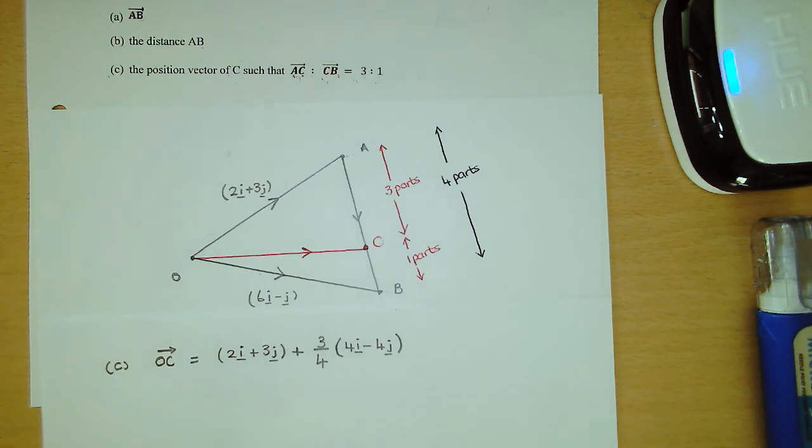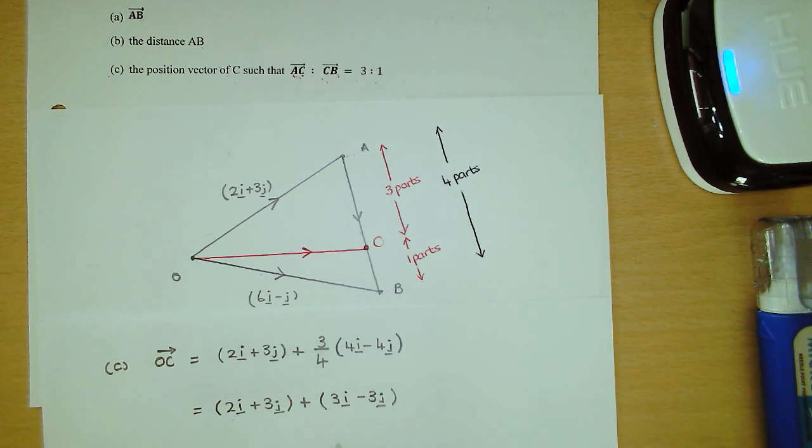So then what we're going to do is multiply this vector here by 3/4 and then add the two vectors together at the end. So we've got 2i plus 3j. Copy down our plus, keep the sign between the brackets, and then multiply the bracket by 3/4. So we're going to end up here with 3i minus 3j.